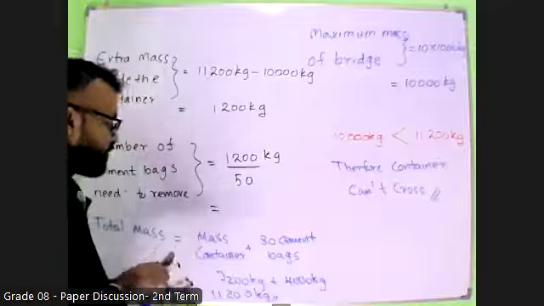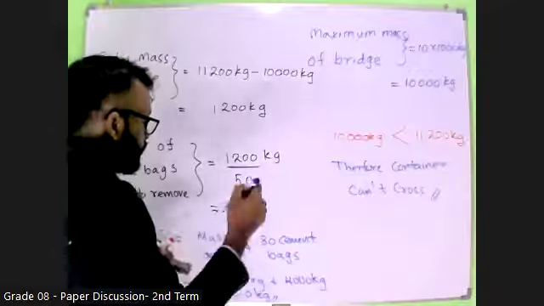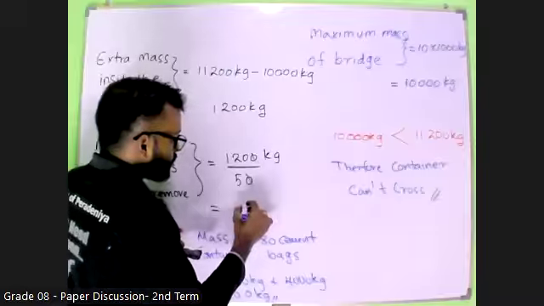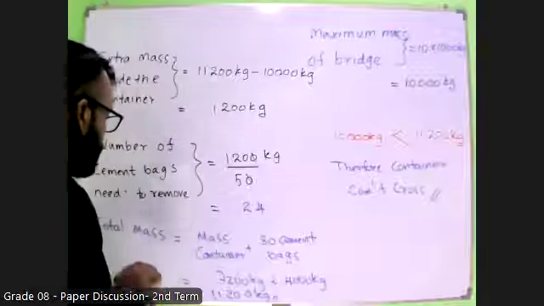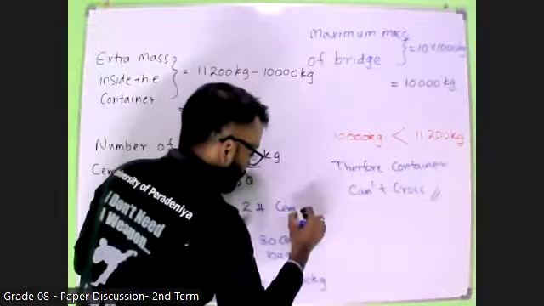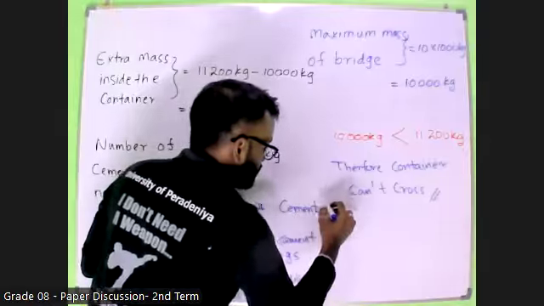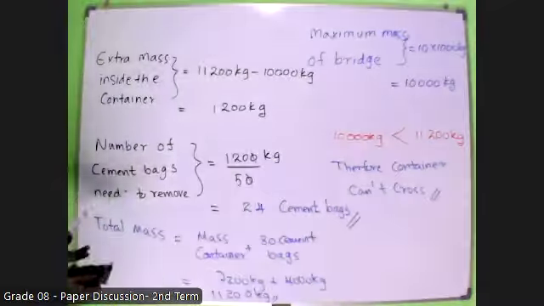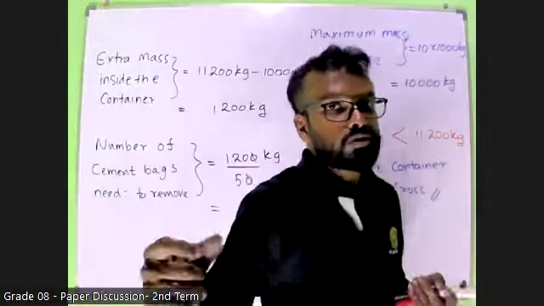How do you simplify this? 1,200 divided by 50, cancel the zeros, gives 120 divided by 5, which is 24 cement bags. So you need to remove 24 cement bags. Got it. So this is your final answer: you need to remove 24 cement bags in order to cross the bridge.